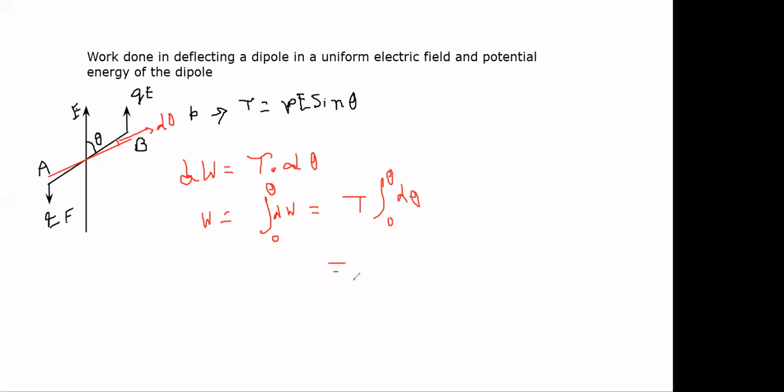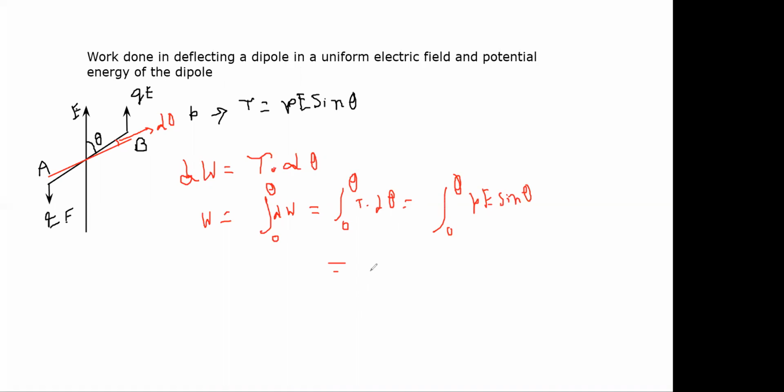Sorry, my mistake, tau will not come outside, because tau is dependent on theta. So it is the integration of tau d theta from 0 to theta, and instead of tau we will write pE sine theta d theta.